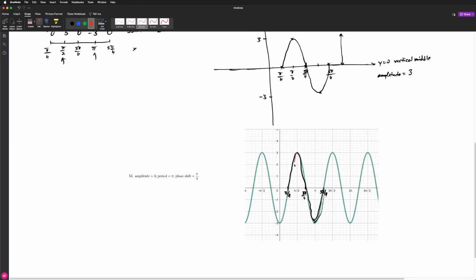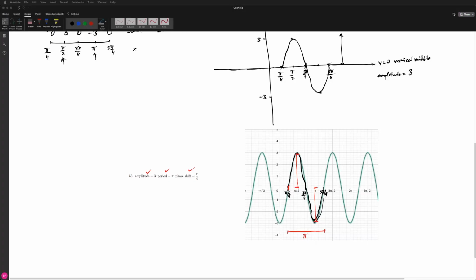How much the function deviates from its middle, these waves, at most plus or minus 3. Period is pi, and phase shift is where the new fundamental period starts instead of 0. It's pi over 4.